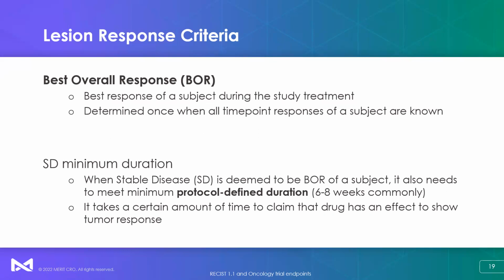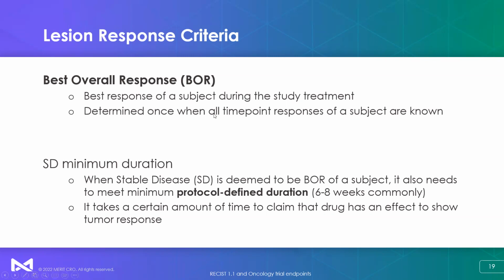And there is one additional consideration that we need to think about, which is called the stable disease minimum duration. The stable disease minimum duration is the duration from the randomization date or the first drug administration date to the visit for which we are trying to calculate the best overall response of the subject.